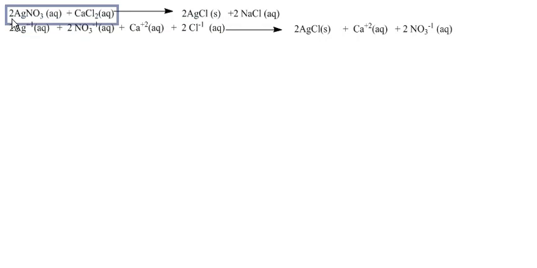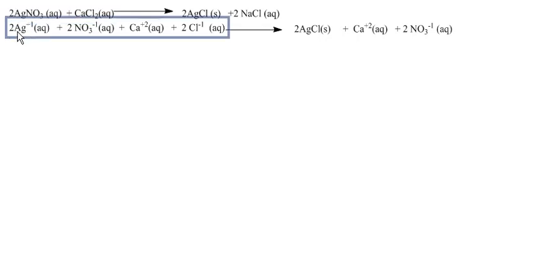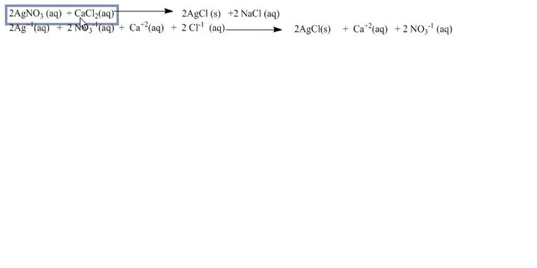You'll notice that we had two AgNO3s, so we have two Ag+1 and two NO3-1. You also notice that the formula for calcium chloride is CaCl2, so we have two Cl-1 ions. The next thing we want to do is cross out everything that appears in the same form on both sides.